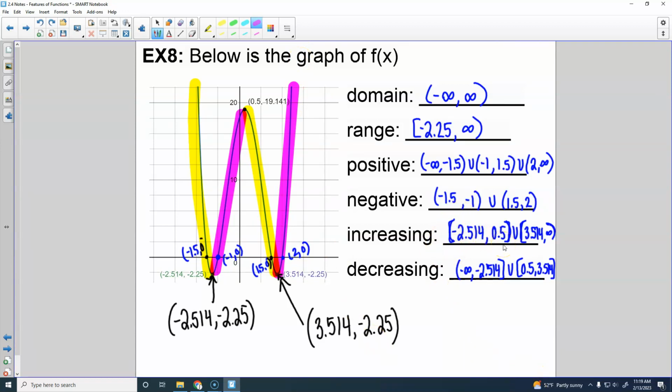Brackets somewhat preferred, but you can see that I did parentheses and then had to go back and change it to brackets. So we'll have that. Then we'll be decreasing from negative infinity up to negative 2.514 and then 0.5 to 3.514.